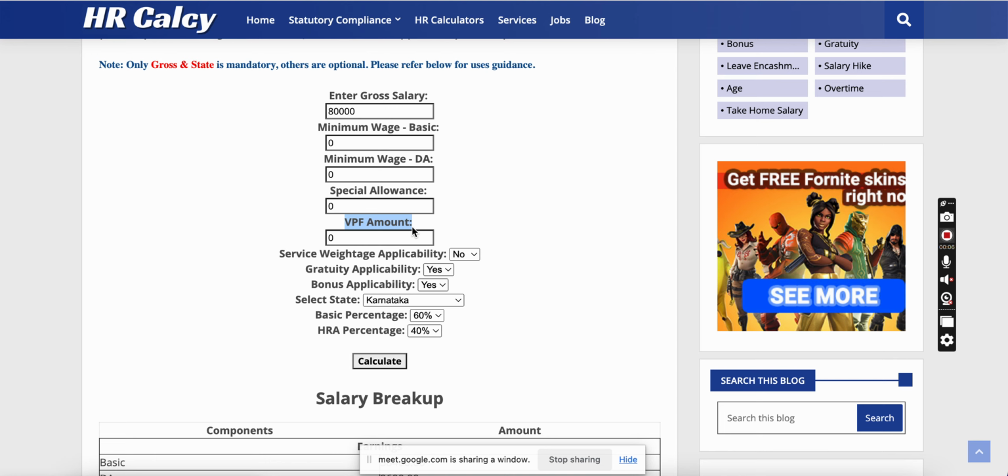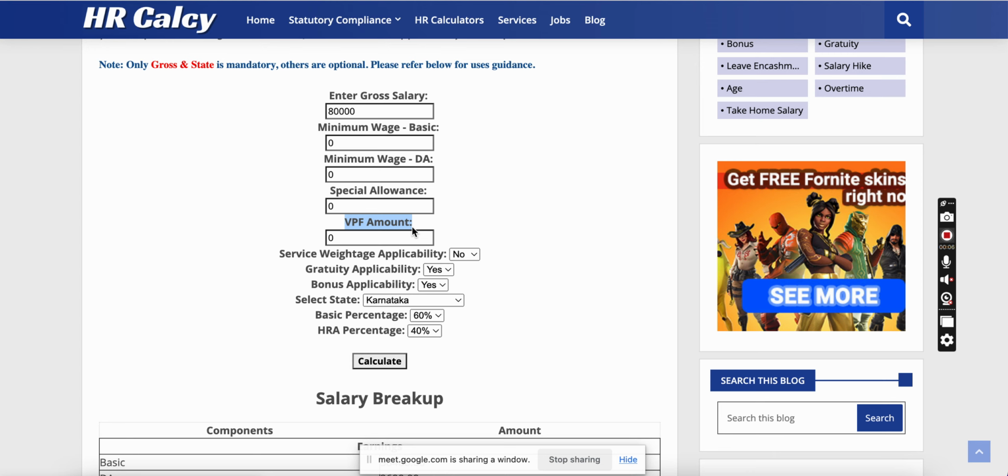People want to contribute more PF. Why? Because on PF ultimately everything is earning, right? And if they contribute more PF, then they will save income tax. So people who don't need all the money right now can contribute more PF, and the more PF contributed, the income tax will be less for them.